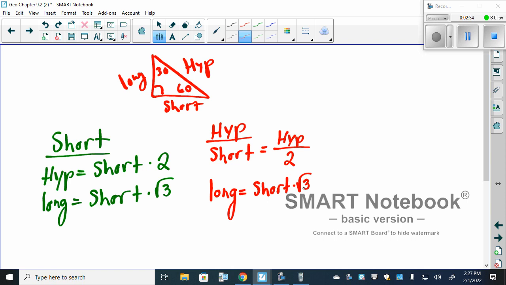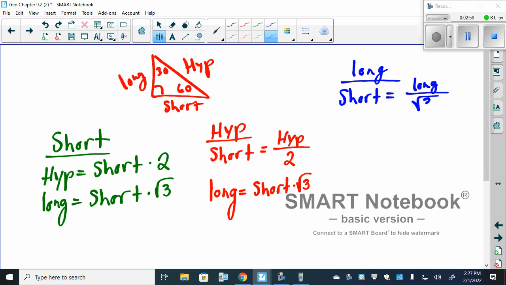Now, the only other case that we have is that if we were given the longer side, not the hypotenuse, but the longer leg, the first thing we would need to get back to is the shorter leg, which would be the longer leg divided by what?